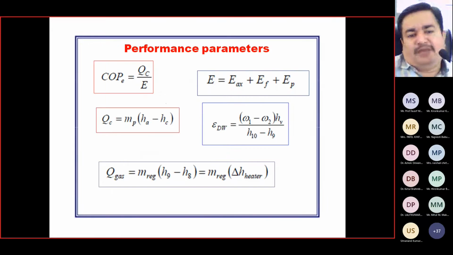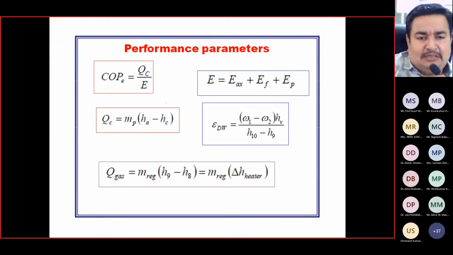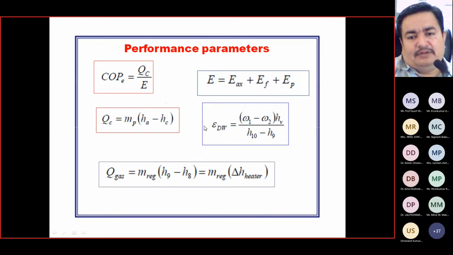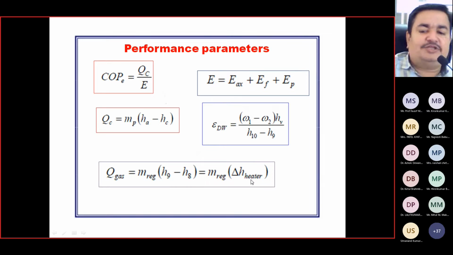Which are the performance parameters? Electrical COP is based on the amount of heat transferred relative to the amount of energy utilized. The amount of cooling and the dehumidifier effectiveness are calculated. The amount of reactivation heat can be calculated based on the enthalpy exchange before and after the regeneration air supply.